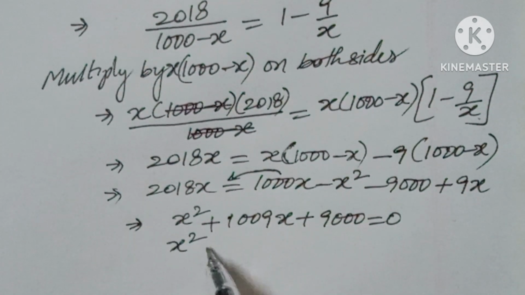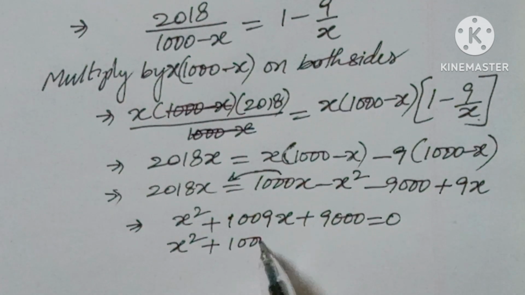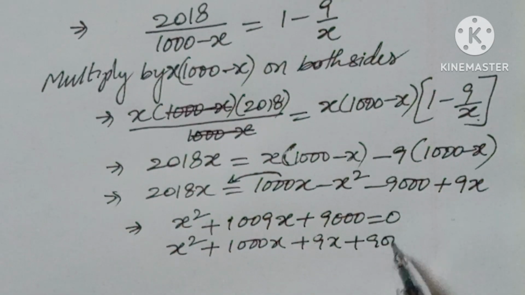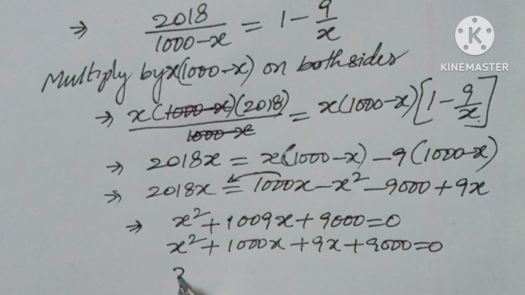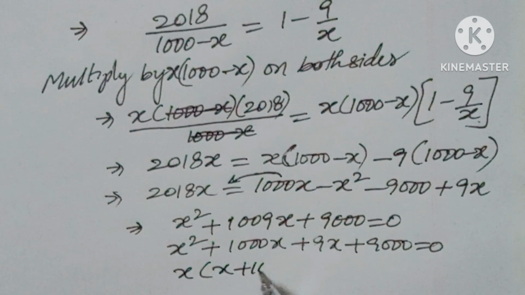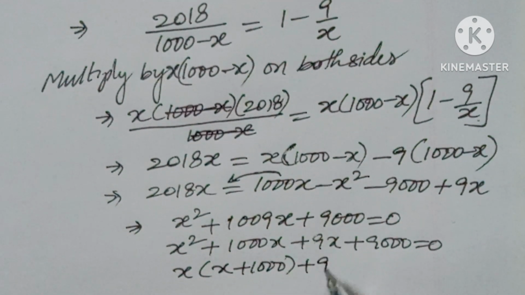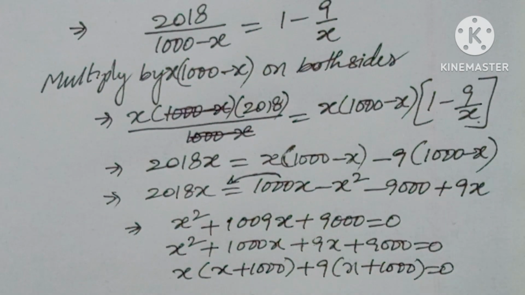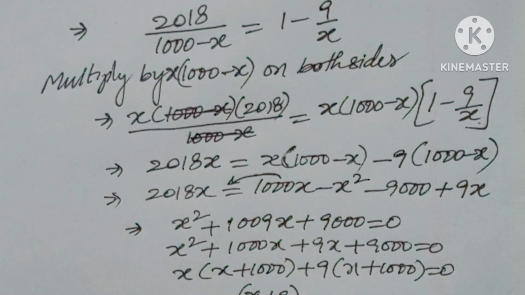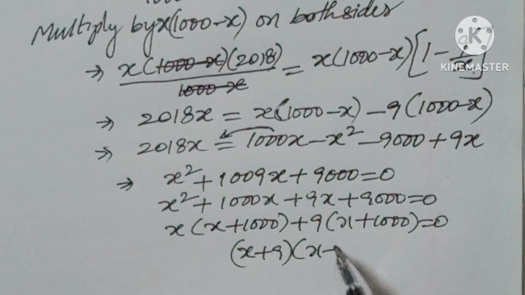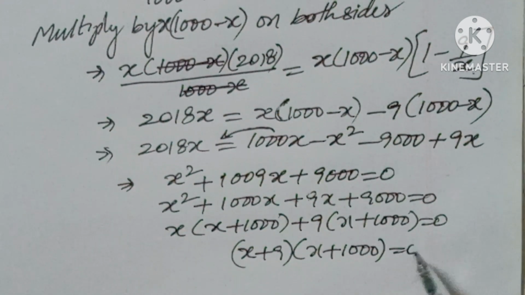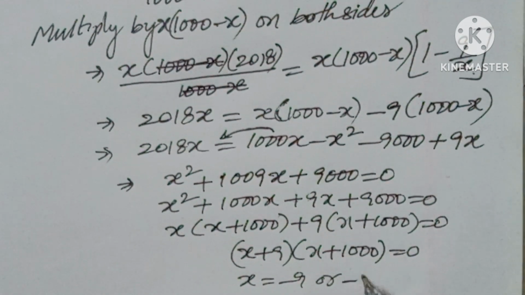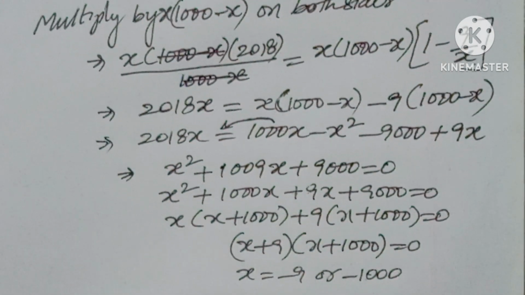Just doing one step: x square plus 1000x plus 9x plus 9000 equal to 0. x into x plus 1000, plus 9 into x plus 1000 equal to 0. So x plus 9 into x plus 1000 equal to 0. x equals minus 9 or minus 1000.